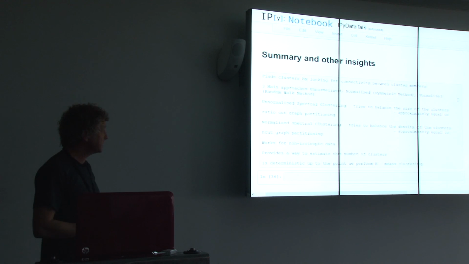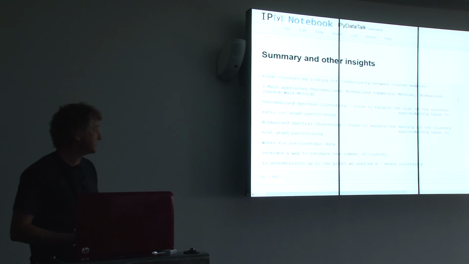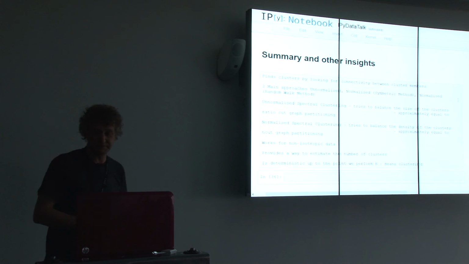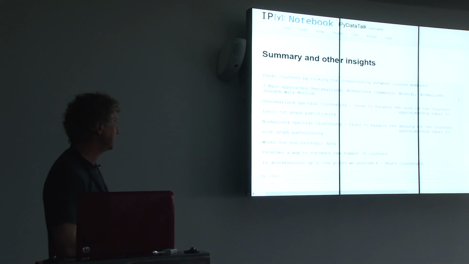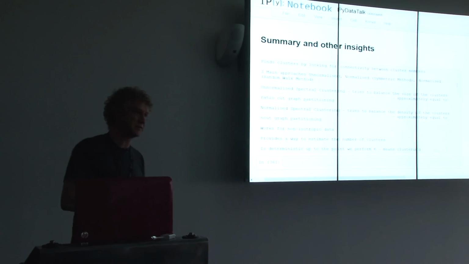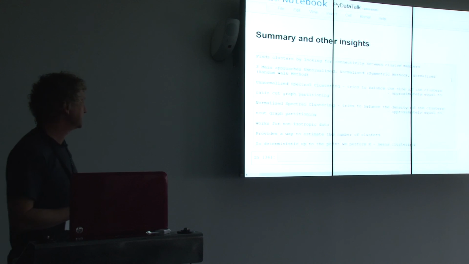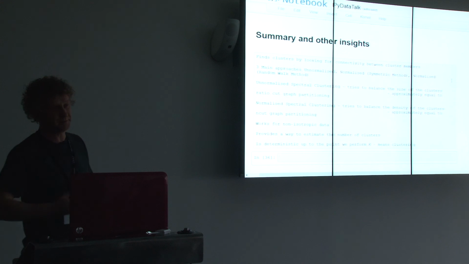It works nicely for non-isotropic data, and provides a way to estimate the number of clusters. You can use it on other sorts of data other than just numerical or Euclidean. Anything that you can come up with a measure of similarity for will be amenable to spectral clustering. And it's also deterministic up until the point that we perform k-means clustering, which is quite a nice thing. So you don't have to do multiple runs.